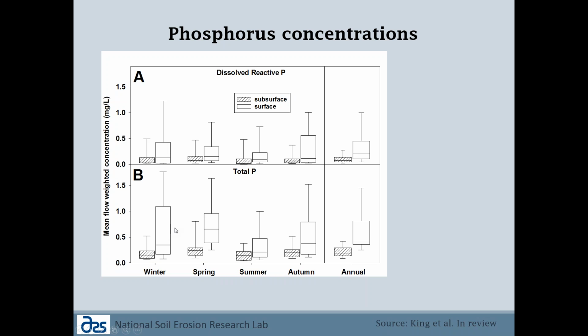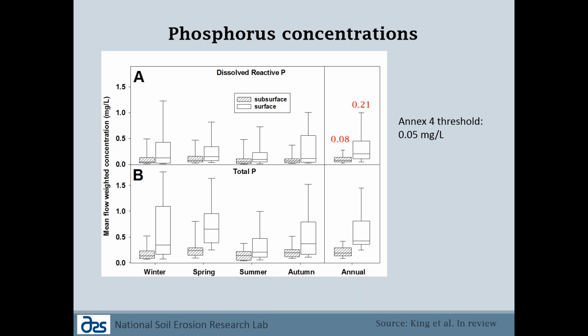and total P. If we look at the concentrations for dissolved phosphorus at an annual level, so from all of our sites, we see that on average, dissolved phosphorus concentrations in tile drains are 0.08 milligrams per liter, and for surface runoff, it is 0.21 milligrams per liter. Again, this goes back to potentially phosphorus stratification, where there's more phosphorus on the shallow surface layers.